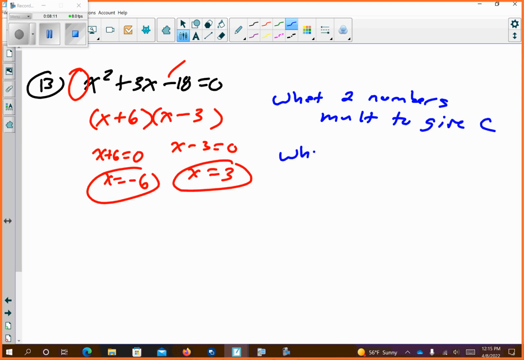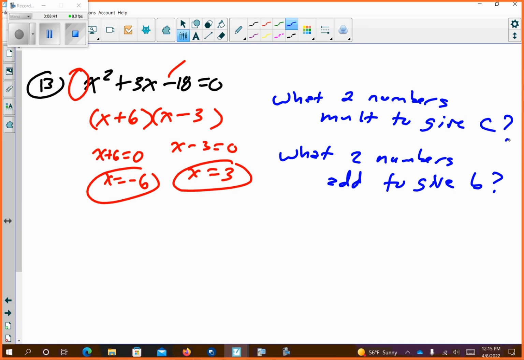What two numbers add to give the B value? Okay, and if they're both the same, then you just plug them directly in. If you can't do that factoring, then the quadratic formula is going to work, and it would give you the same exact answers of x equals negative 6, x equals 3.